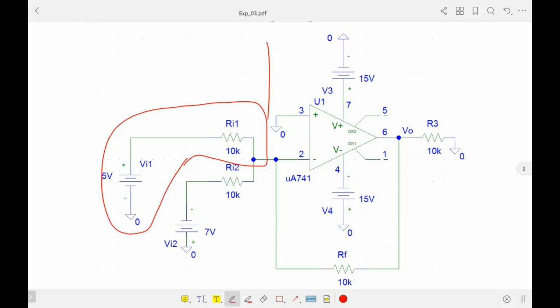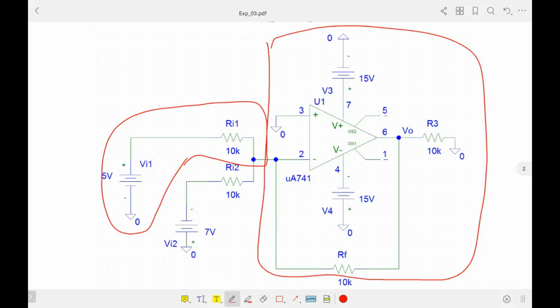For the inverting amplifier, the output expression, if you remember, was minus RF, that is the feedback, divided by input resistance RI1, times our input voltage VI1.